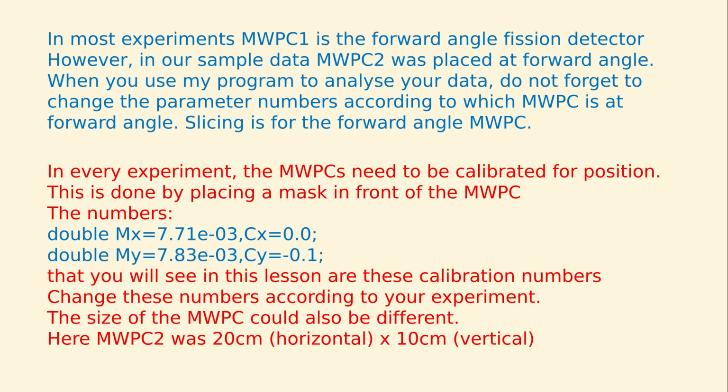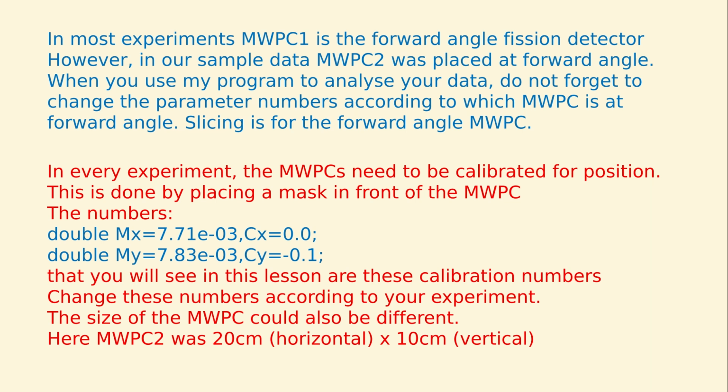The numbers which you see in my code, mx, cx, my and cy, are the calibration parameters. mx and my are the slope parameters, cx and cy are the offsets. So the position is calculated from the difference between left and right, or in the case of y, the difference between up and down.